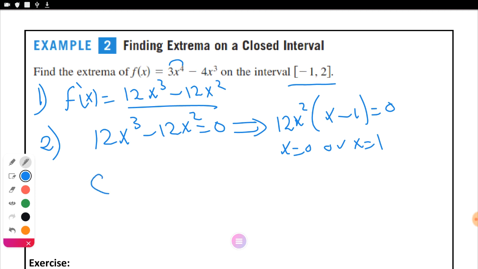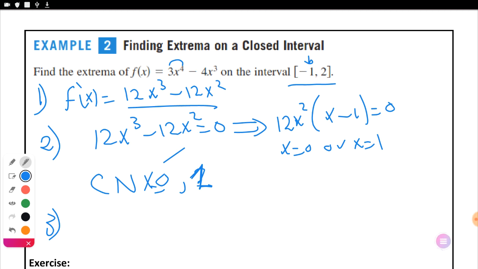Since this function is a polynomial function, its domain is all real numbers, and 0 is included in its domain, 1 is included in its domain, so the critical numbers are x equals 0 and x equals 1. Before I apply the third step, I have to know if 0 is included in this interval, greater than -1 and less than 2. Right, it will be with me. I'll take all of the critical numbers which are included in the closed interval. 1 included, yes.